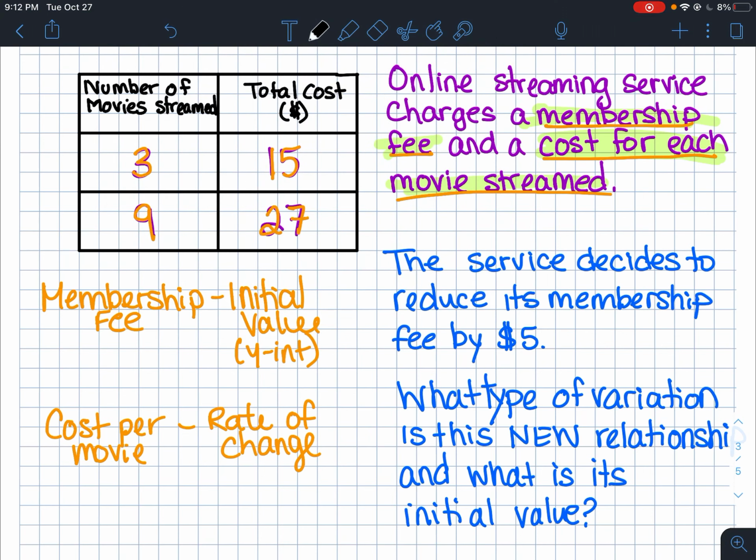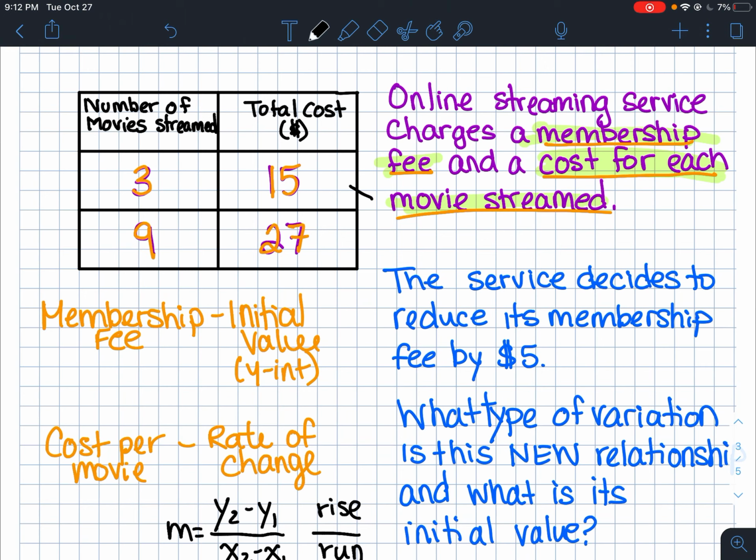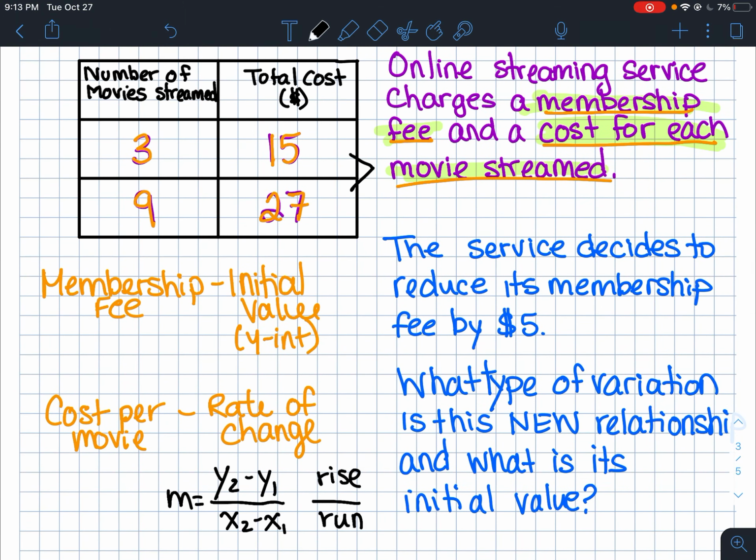Okay, so let's find the rate of change first. We can use the formula y2 minus y1 over x2 minus x1 to find the rate of change. It's the same thing as just saying rise over run. We're finding the increase in total cost. So what's 27 minus 15?